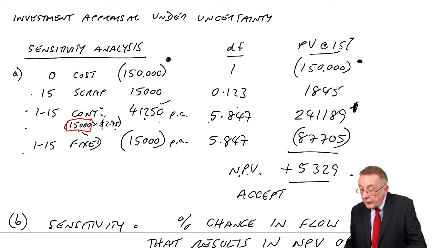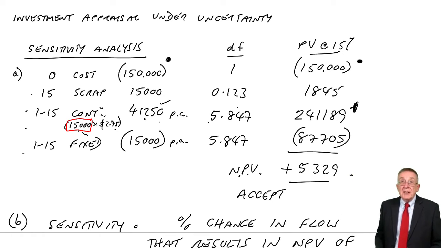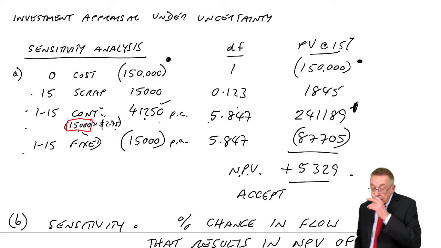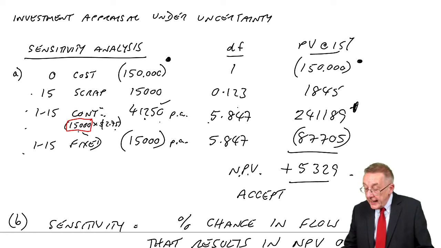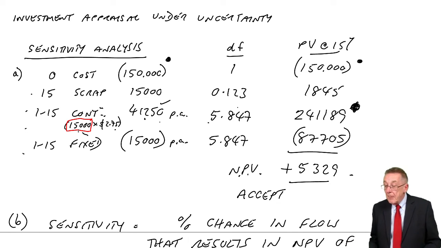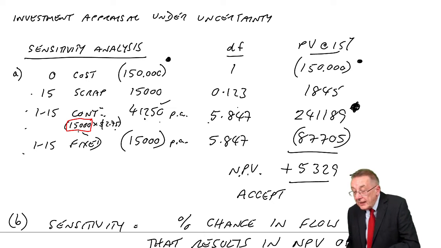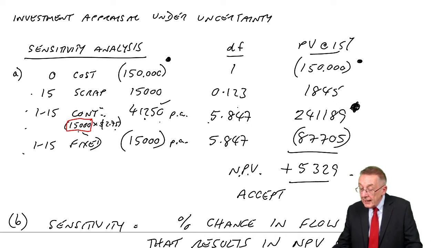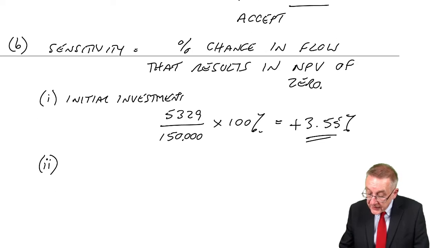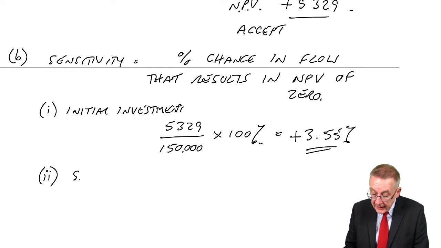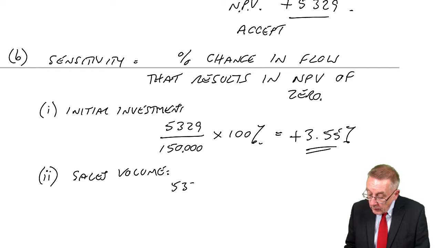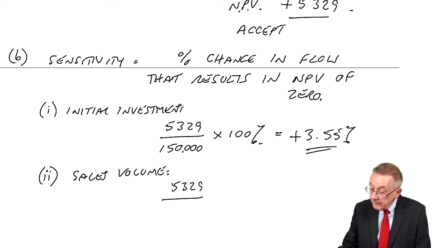Well, I don't want a fall of 24,000. To get to 0, it's a fall of 5329. And so we say, all that would change is the present value that's affected, 241,189. That present value needs to fall by 5329. So for the sensitivity of the sales volume, we need a fall of 5329.